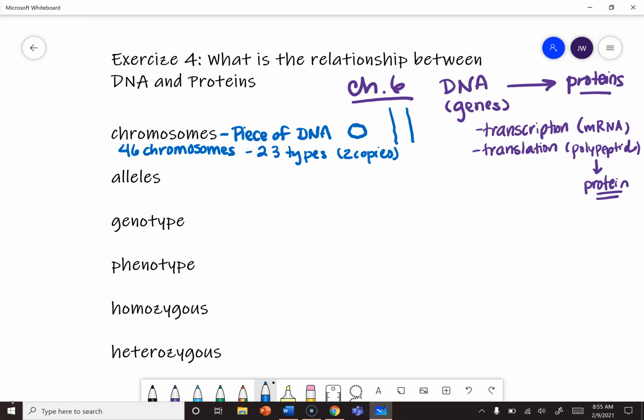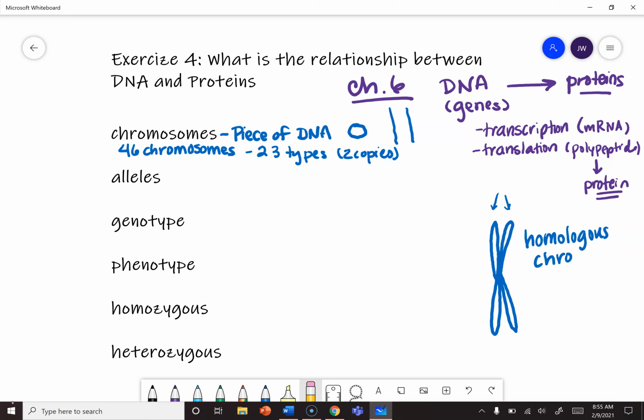You are probably familiar with a chromosome. If you've seen a picture of a chromosome, you often see them drawn like this, a sort of X shape. This is actually 2 identical copies of the same chromosome. This image, which you've likely seen if you've taken other biology classes, is of homologous chromosomes.